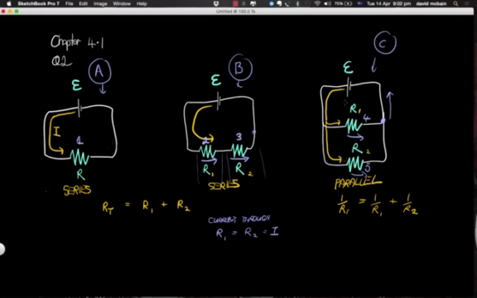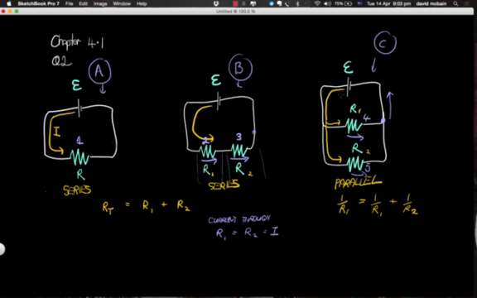Which means any given coulomb of charge or any given electron can only go through one of the resistors. Half of the coulombs or half of the charge will go through R1, the other half will go through R2 in this case. But each coulomb of charge will only pass through one resistor.